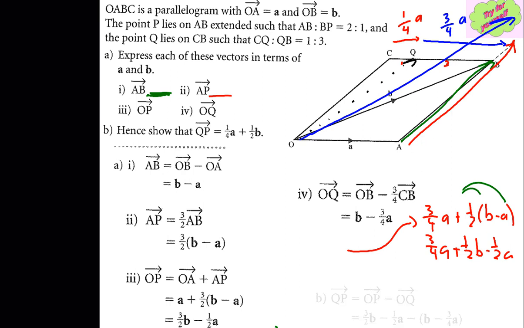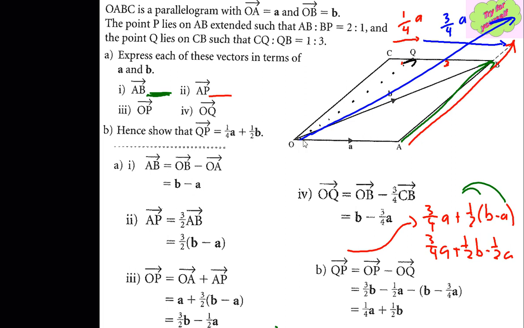We can do all sorts of things. The way they've chosen to do it, they've started with OP, which we found already, and minus OQ.